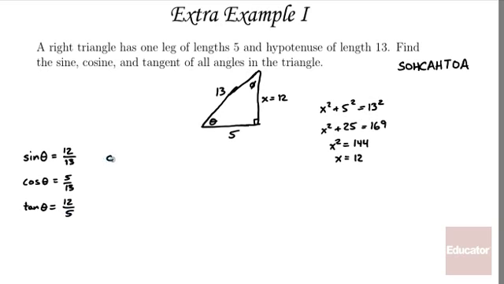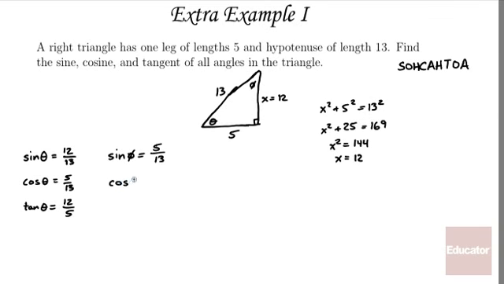Phi. Sine of phi, let's do that one first, is equal to the opposite over hypotenuse. Well, the opposite side to phi is 5, and the hypotenuse is still 13.